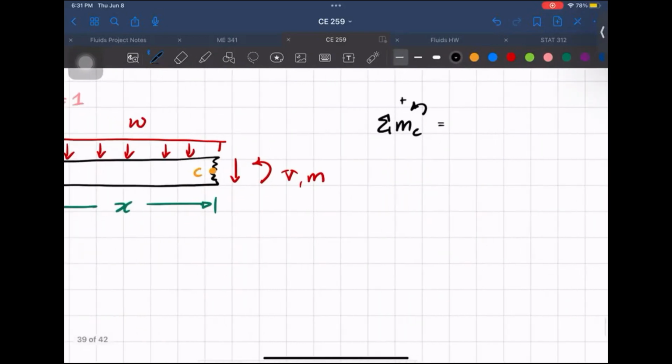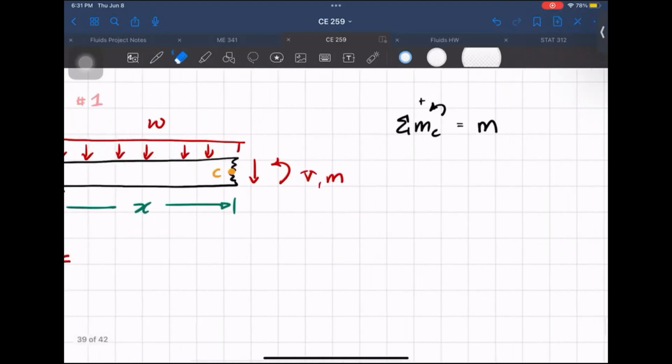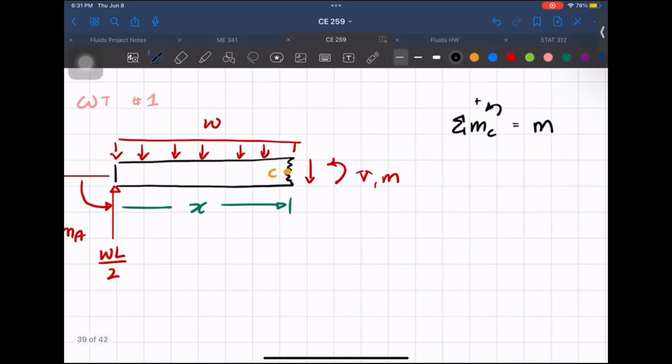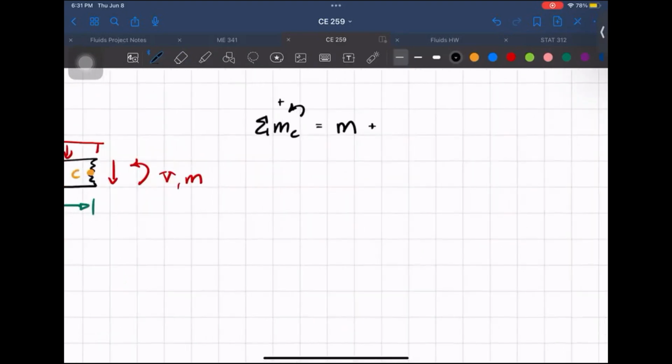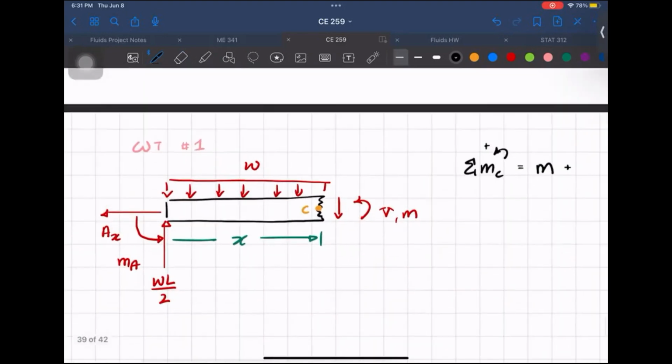So we would have in this expression M, the same M that was created by the cut, plus the moment that is created by the distributed load. Again, in order to do that, you want to turn your distributed load into a point load.